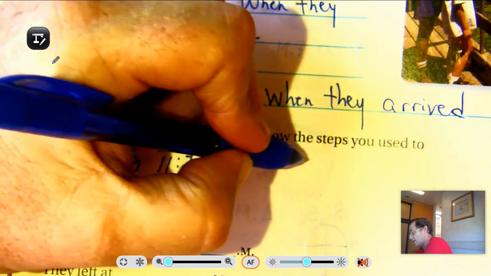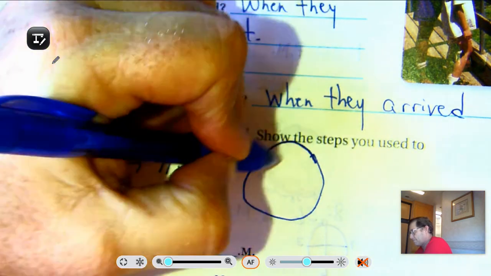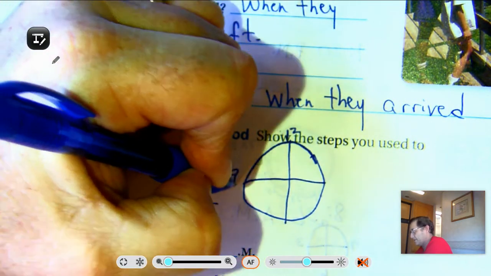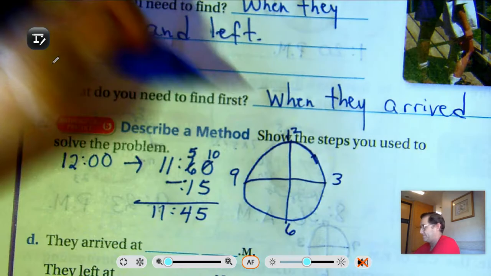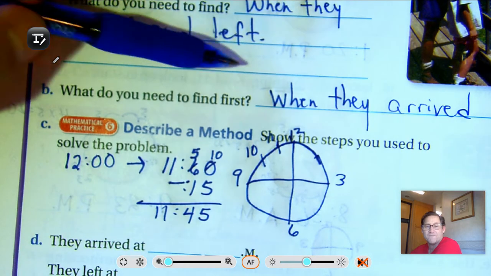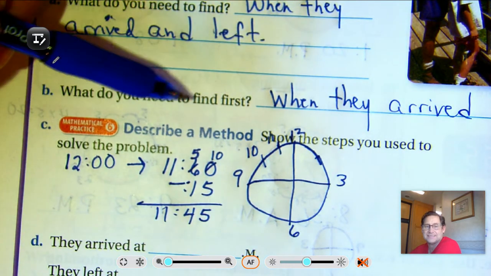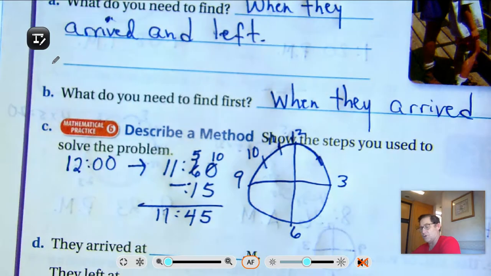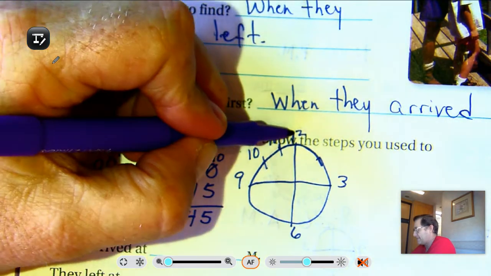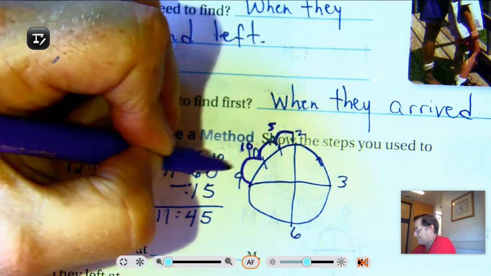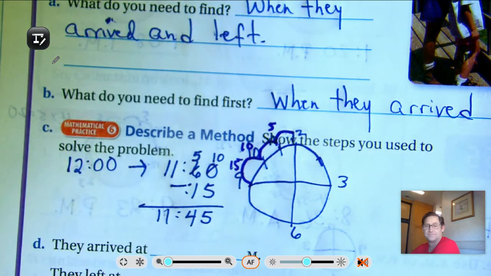Okay, so on a clock, we know that that's 12, 9, 6, and 3. Okay, and we want 15 minutes before noon. So we're going to back up 15 minutes. 5, 10, 15.